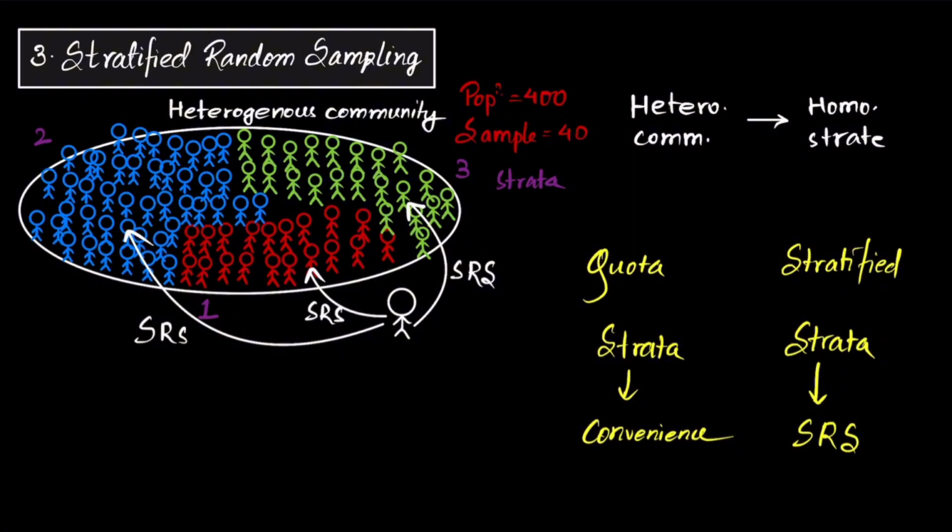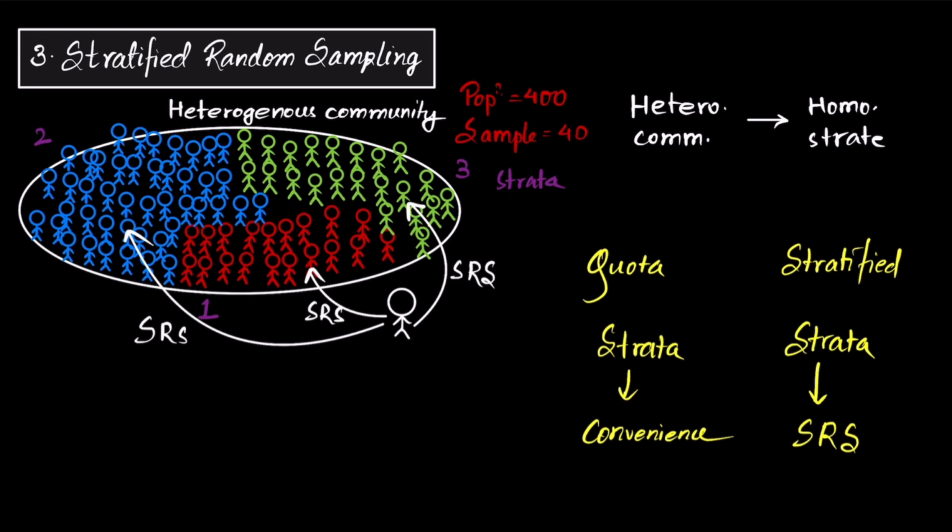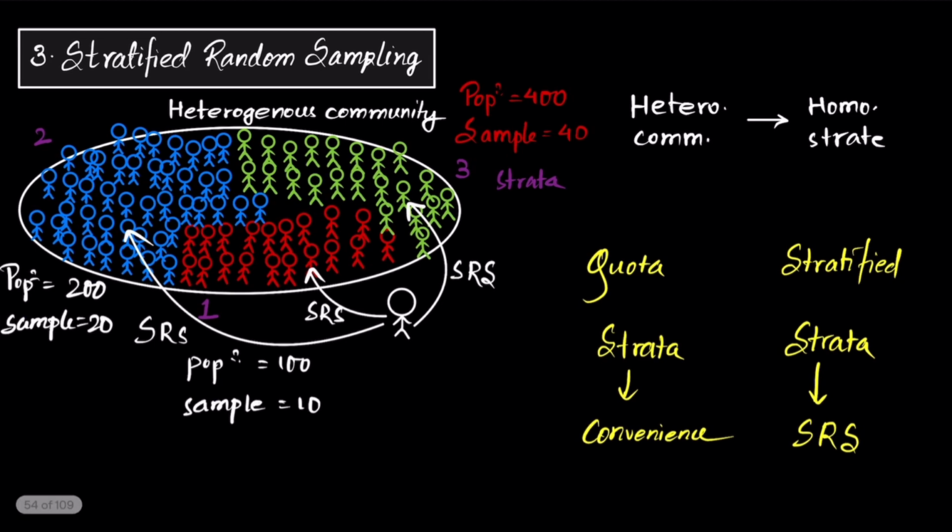One extra concept in stratified random sampling is that from each of these subgroups, we can select the number of individuals in proportion. Let's say the population of the red group is 100, so we choose a sample of 10 from there. The population of the blue group is 200, so we choose a sample of 20. What I have done here is chosen the number of individuals by simple random sampling from each subgroup as per the size of the population.